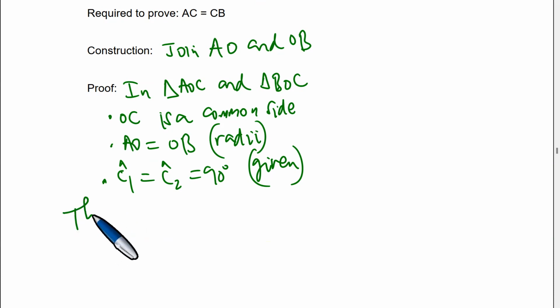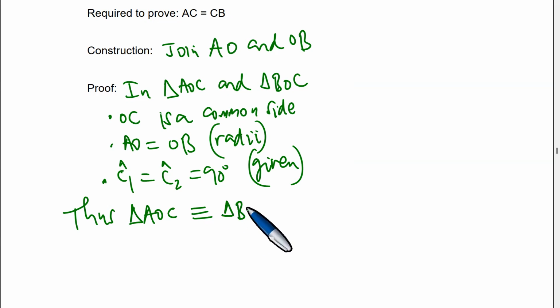And thus we can make a conclusion. You need just 3 cases, and therefore the triangle AOC is congruent to triangle BOC. This is right angle, hypotenuse, and a side.